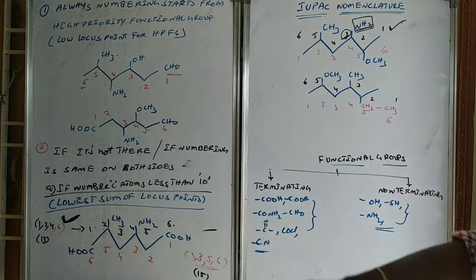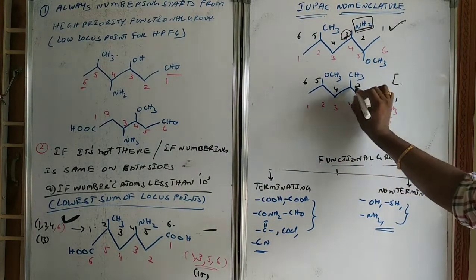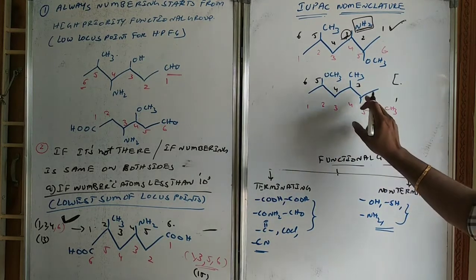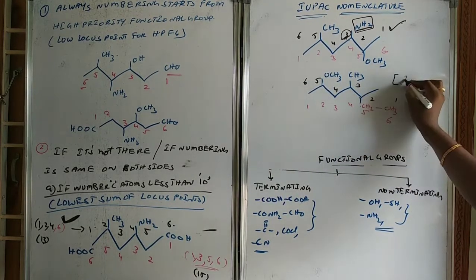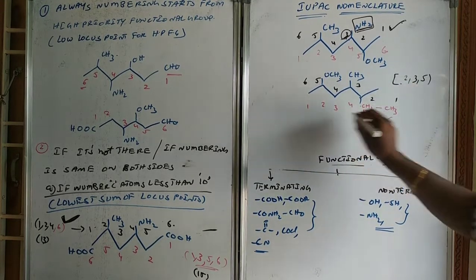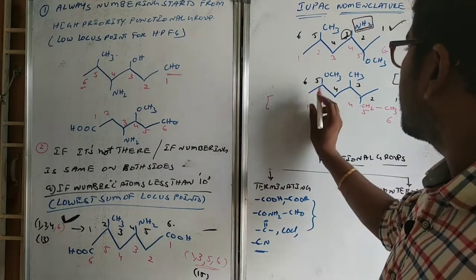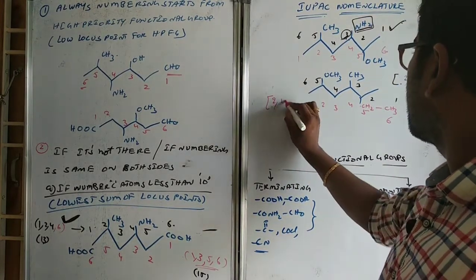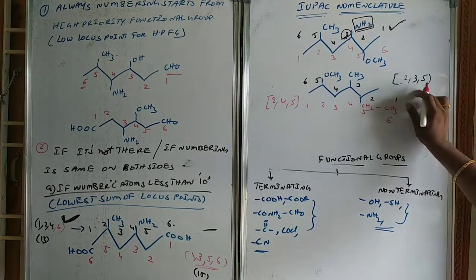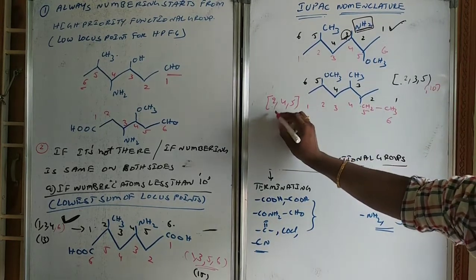Here you see, for this one, from this side you see 2, 3, 5. From this side you number, what is coming? 2, 4, 5. So which is lower? 2, 3, 5 means 10 will come, 2, 4, 5 means 11 will come.